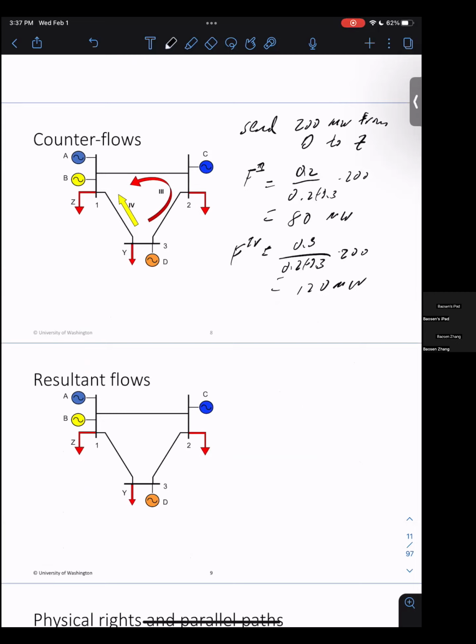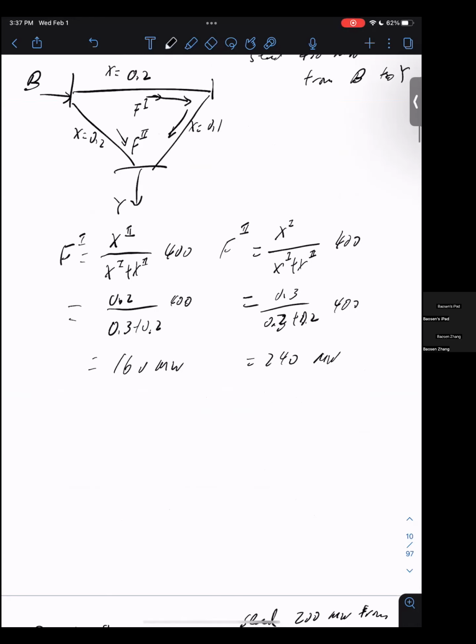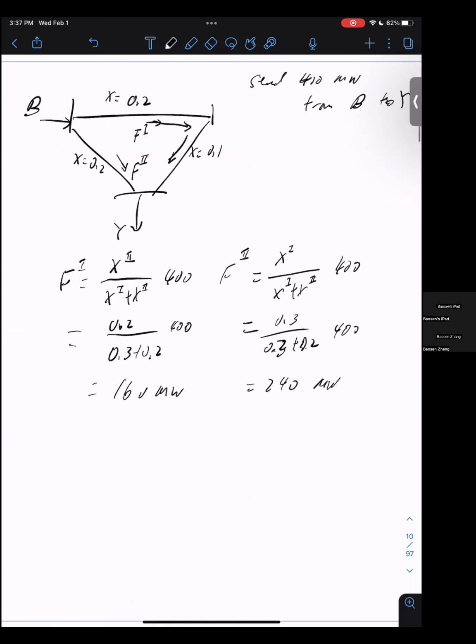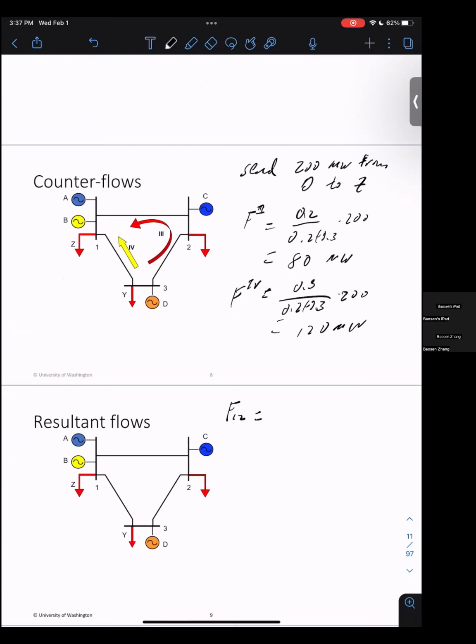If you look at the flow from 1 to 2, at the end, what kind of flow do you get? You have one flow going this way, F1. You have another flow going backwards, F3. So you have F1 minus F3. Exactly, flows can add, they can cancel.